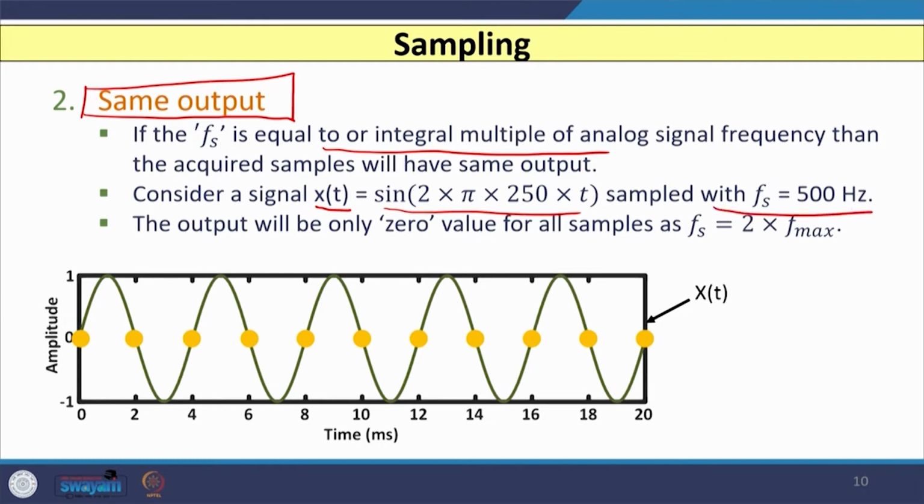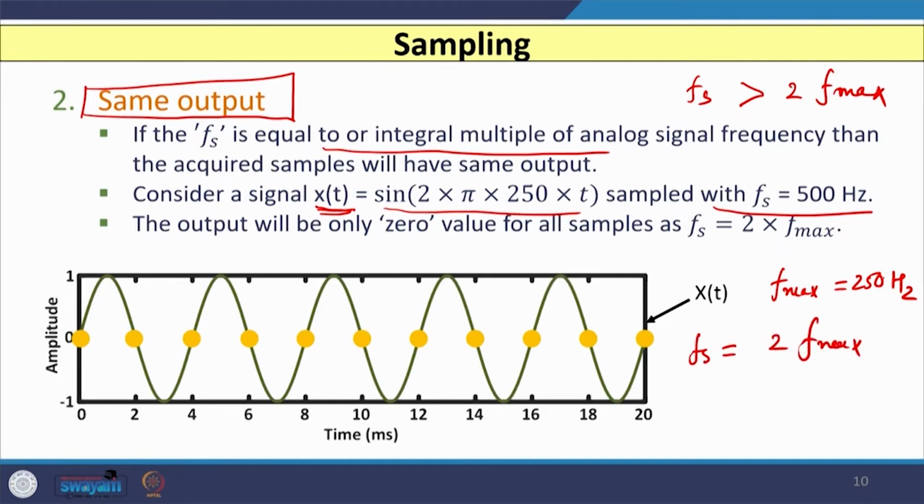You can see that the f max, the maximum frequency component present in this signal x(t), is 250 hertz. So, according to the Nyquist criterion, your sampling frequency should be greater than 2 times f max. However, here fs is the same as 2 times f max, because fs is 500 hertz and f max is 250, so 2 times f max is also 500 hertz.